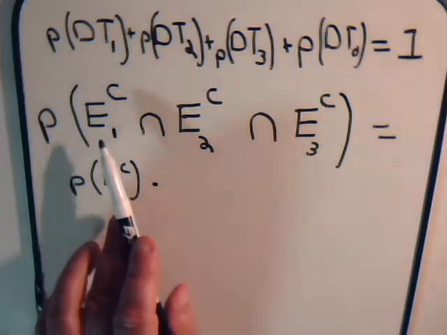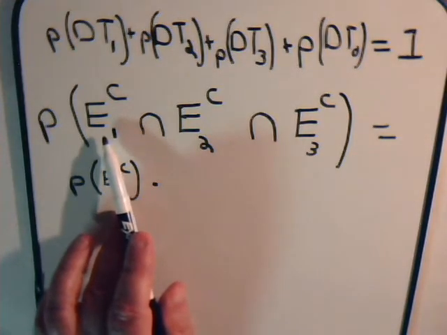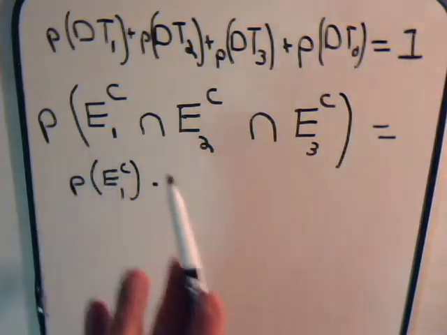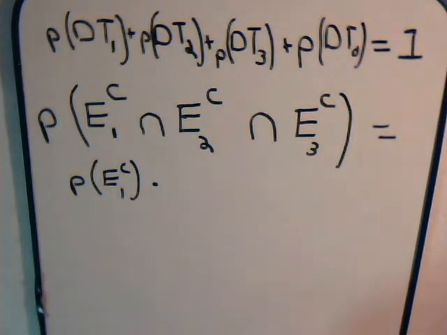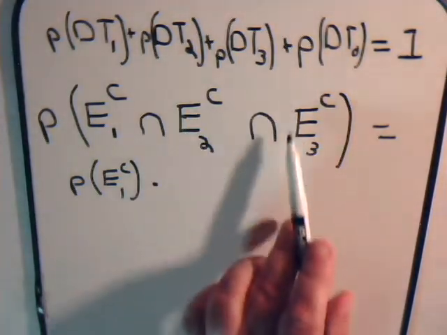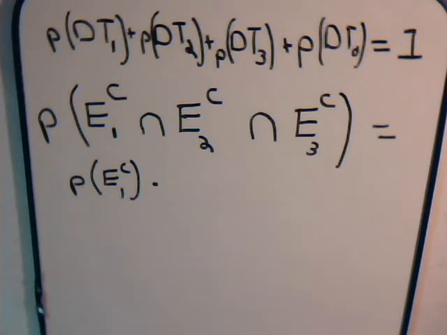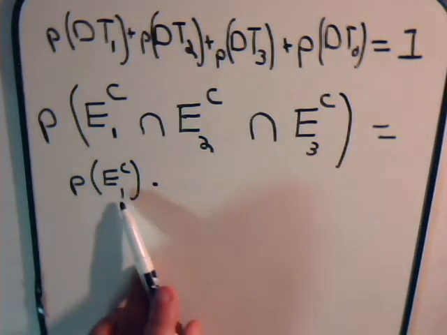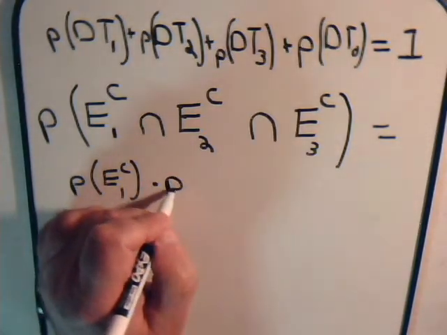Here we have the first inspector finding no defective transistors, and the second inspector finding no defective transistors, and the third inspector finding no defective transistors.